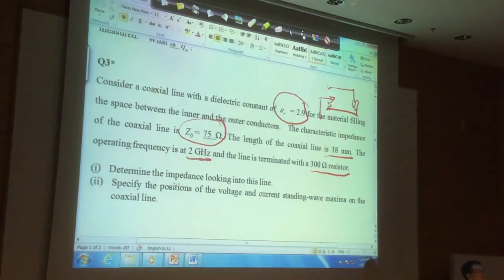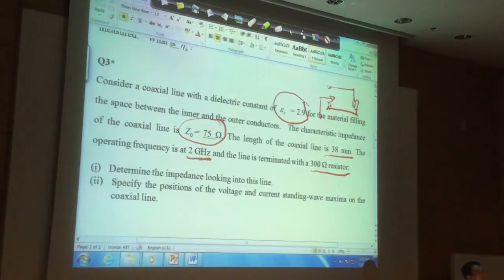For section B, you only need to choose 2 from 4. So basically, the 4 questions cover electric field, magnetic field, wave, and transmission line.